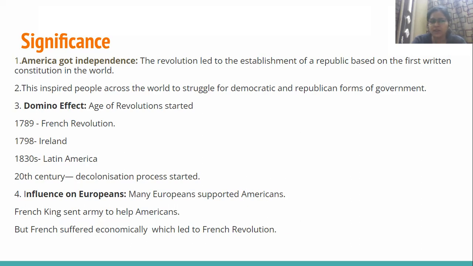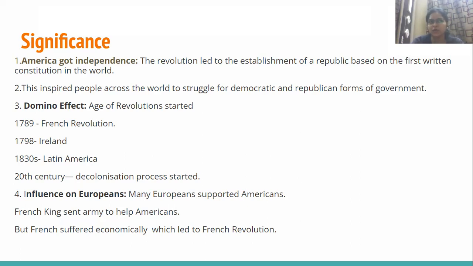Various Latin American countries, those who were colonized by different European powers, even they started demanding independence. And in the 20th century the whole process of decolonization started. India demanded freedom, African countries demanded freedom. So the American Revolution was the starting point, the trigger, that resulted in a series of revolutions in different parts of the world.